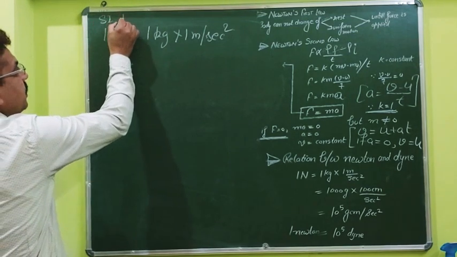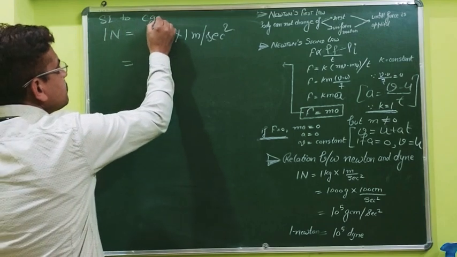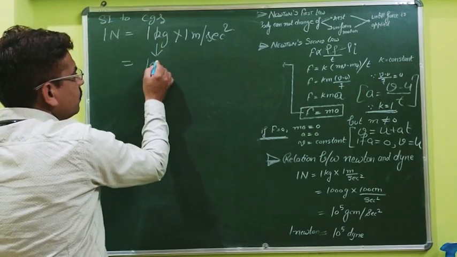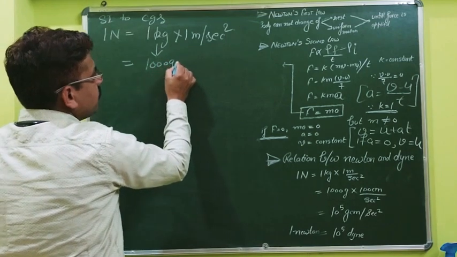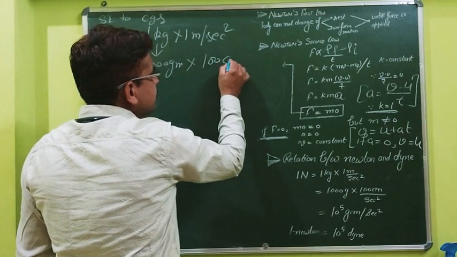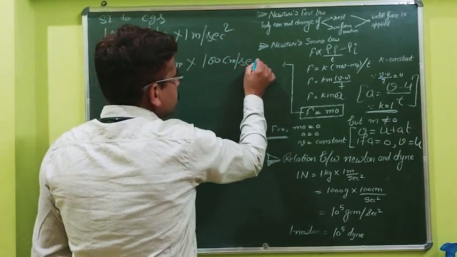So in the CGS system, 1 kilogram is equal to 1000 gram and 1 meter is equal to 100 centimeter per second square.